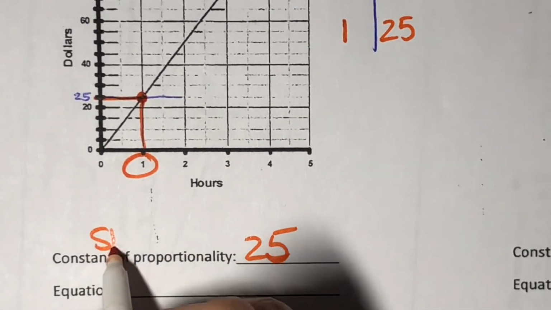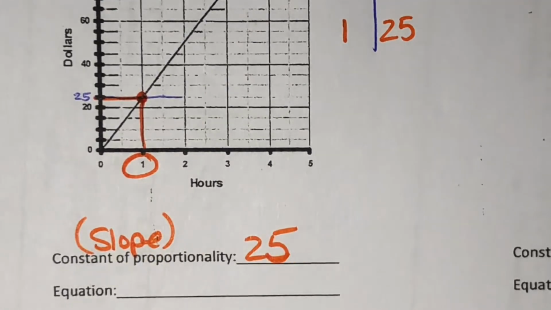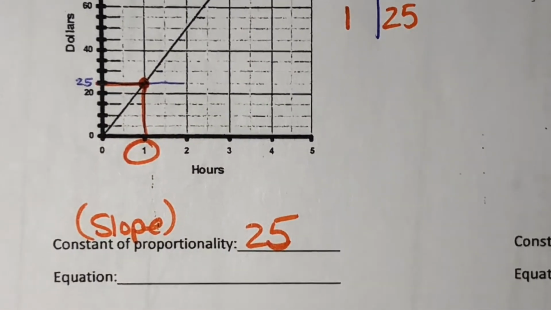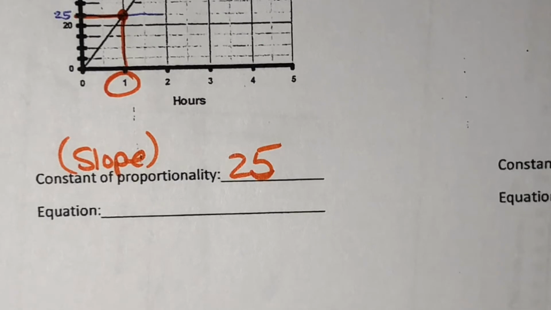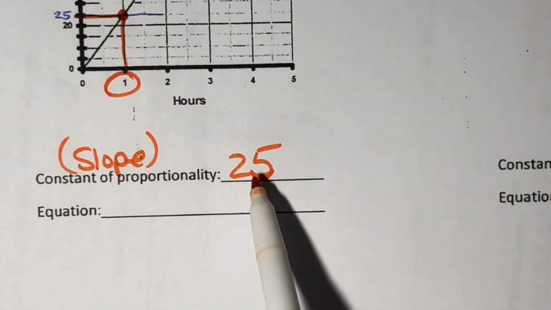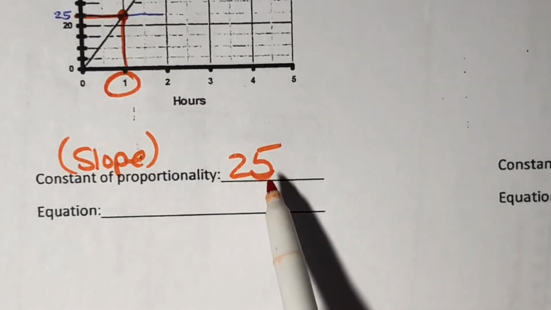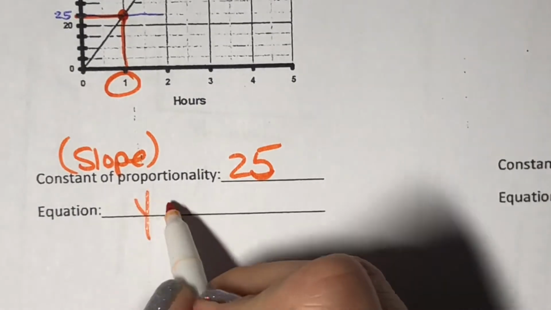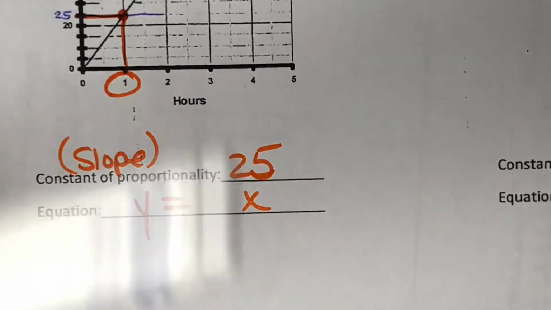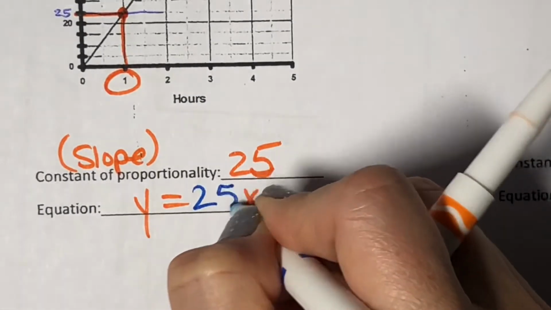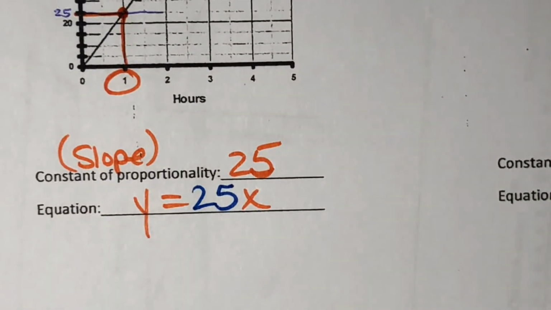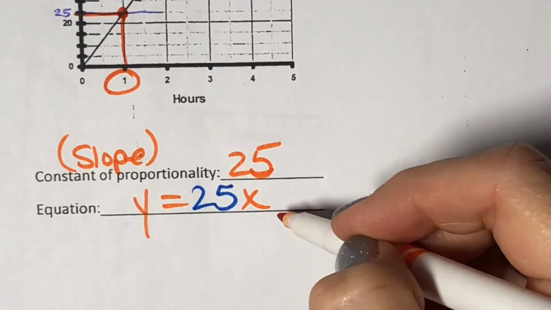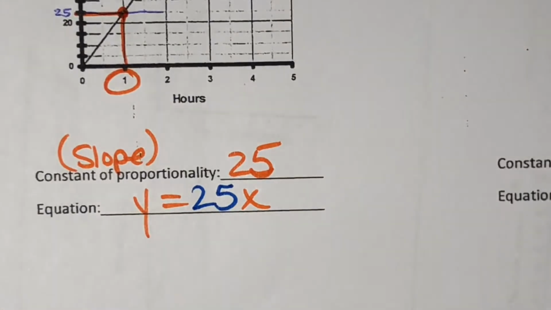And actually, I want you to just keep in mind that we're really talking more about slope than constant of proportionality. And guess what? If you know that that is the number that goes in front of your equation, as soon as you have your slope, you know that you can take your equation and put the m value there, and there's your equation. It's so easy to go to the equation once you know that m value.